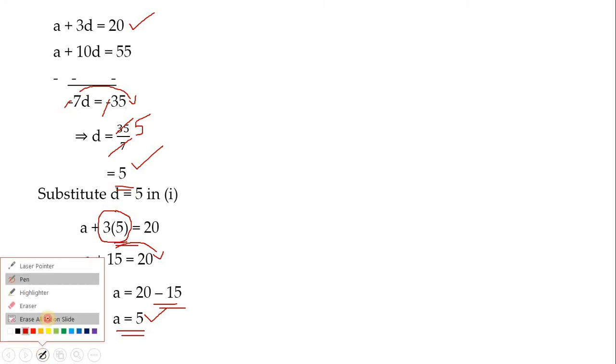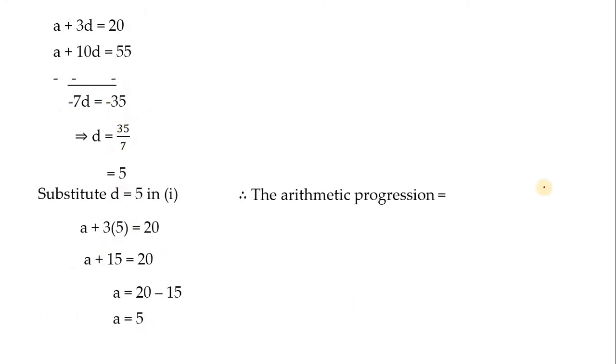Next we can easily find the arithmetic progression. First term A, second term A plus D, third term A plus 2D. So the A value is how much? 5. So here you write 5, and here you will write 5 plus 5, because the A value is 5 and the D value is also 5. And here how much will you write? The A value is 5, this 2 is as it is, and the D value we can write 5, I mean 2 times 5.